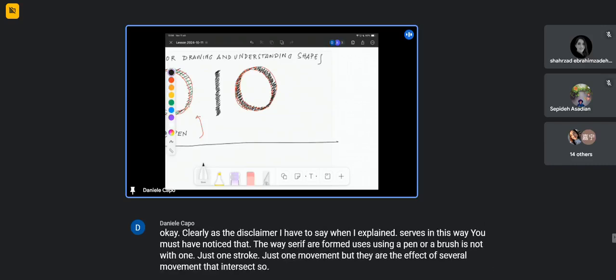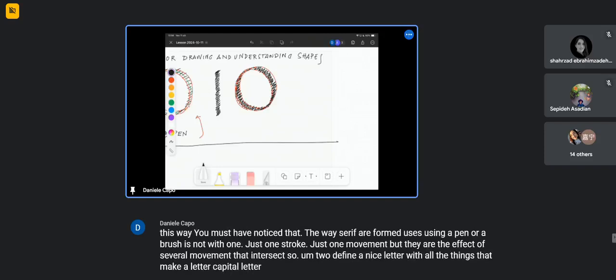So to define a nice letter with all the things that make a letter a capital letter, you are supposed to use different strokes, more than one stroke.